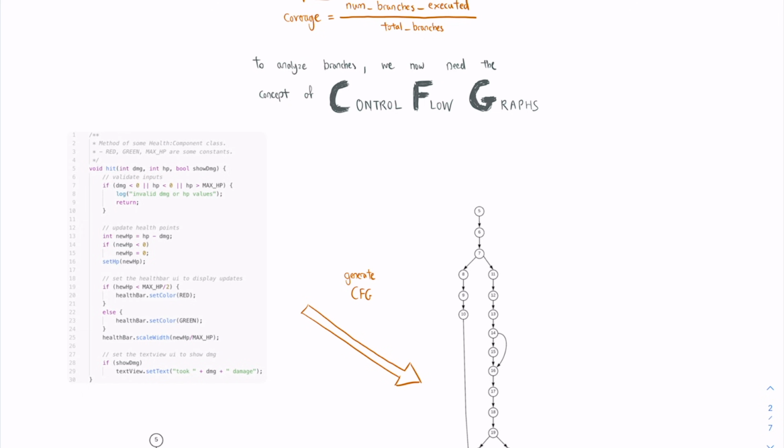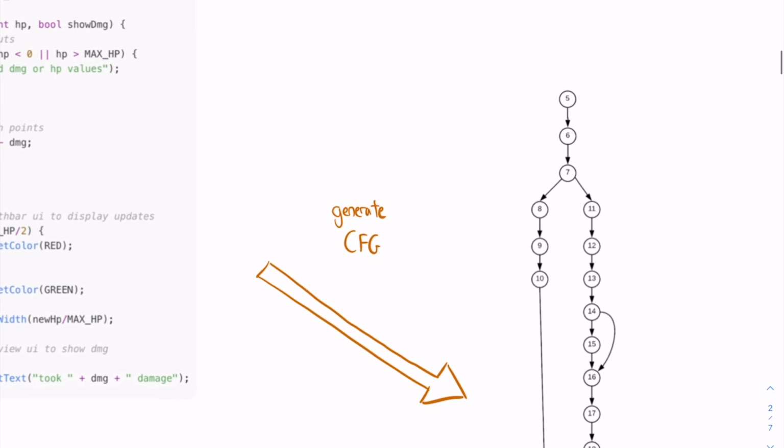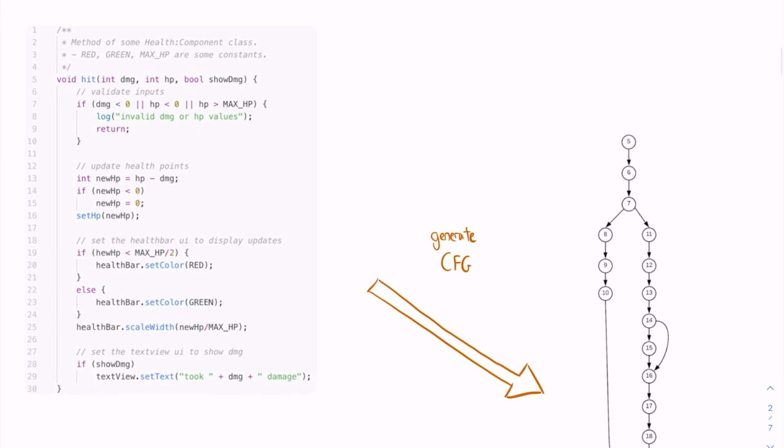Okay, so this first step is to generate the CFG, the control flow graph. And you can see actually it is quite simple. It is converting every line of code into a node, and basically linking the different nodes together depending on the executional sequence.